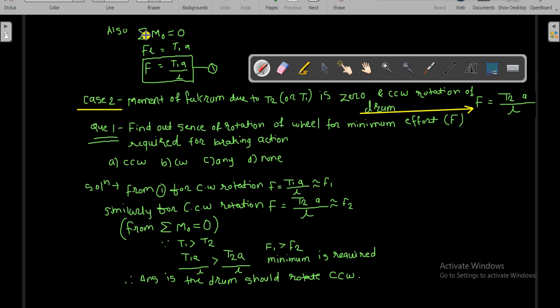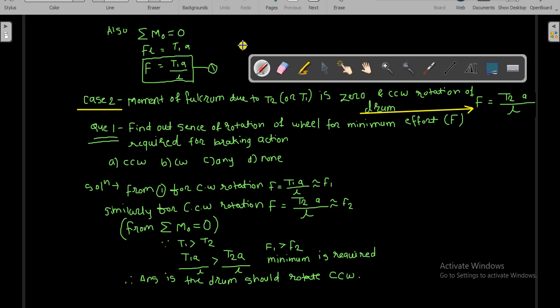The formula for static equilibrium is summation of moments at fulcrum point O equal to 0. From the figure you can see F was acting in the downward direction and its distance was L from the fulcrum. So, F into L minus T1 on the right side.